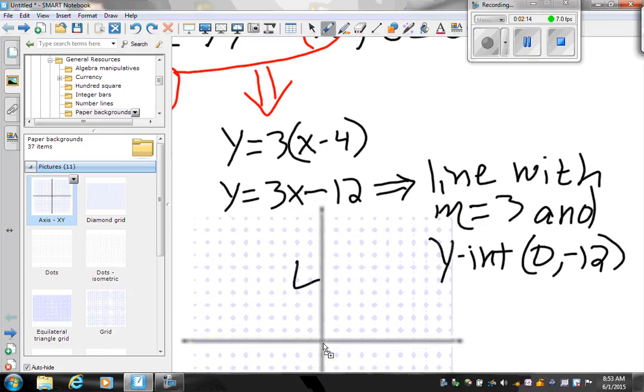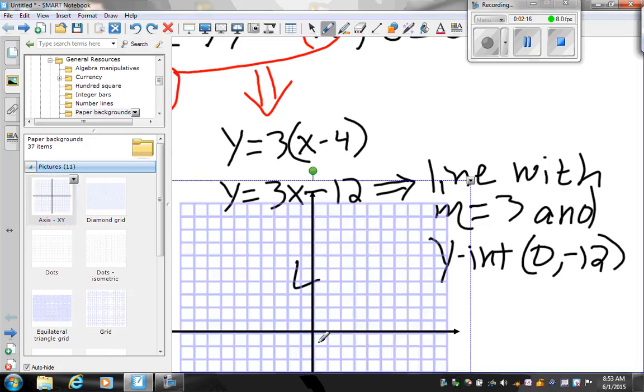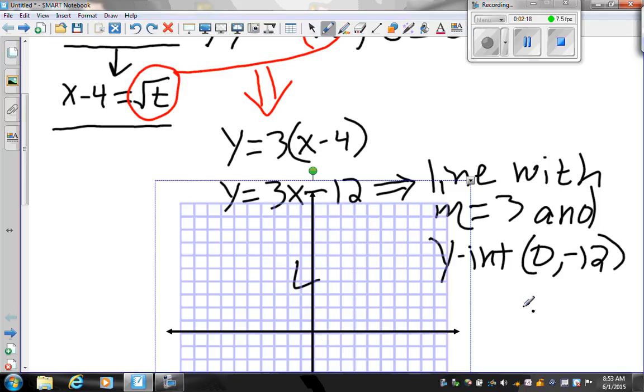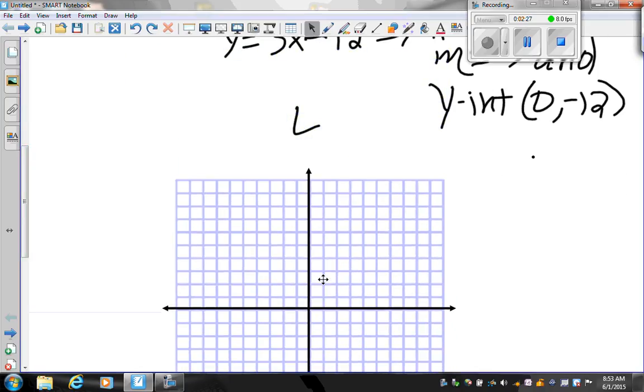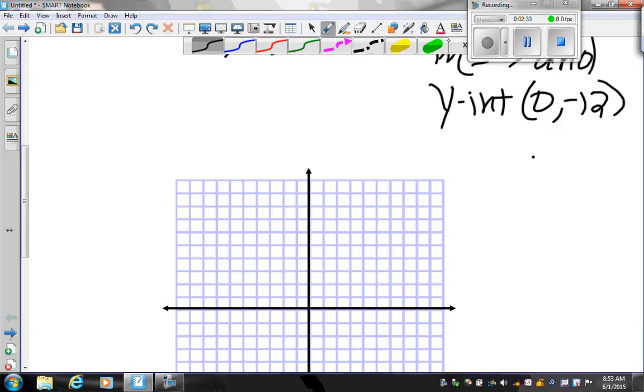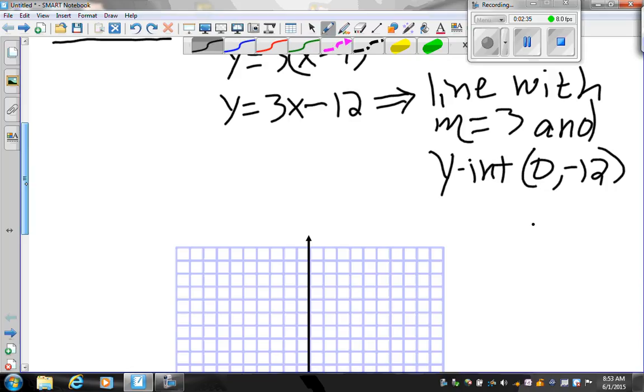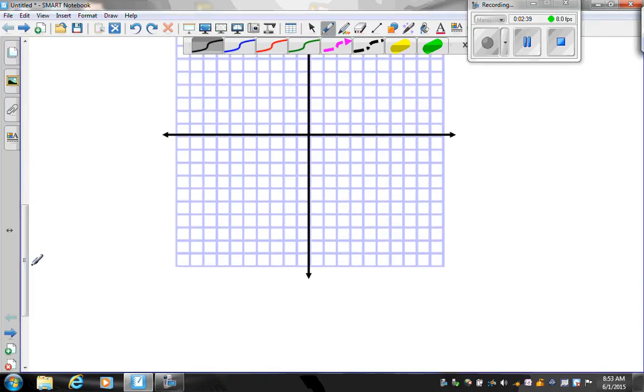Well, this allows us to sketch a graph, and then we just have to use the information that we have for t. t runs between 0 and 16. Graph paper down here. So, again, we know that we have a line with slope 3 and y-intercept (0, negative 12).